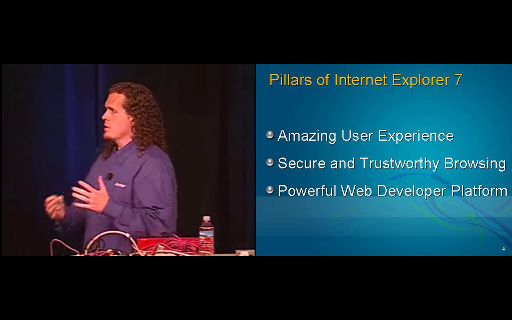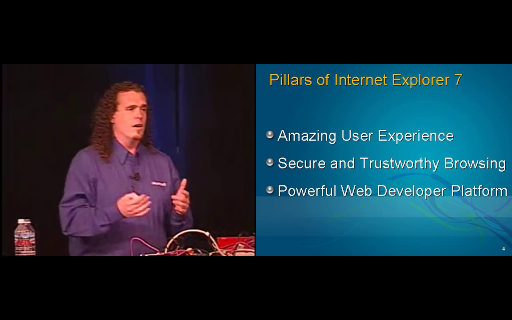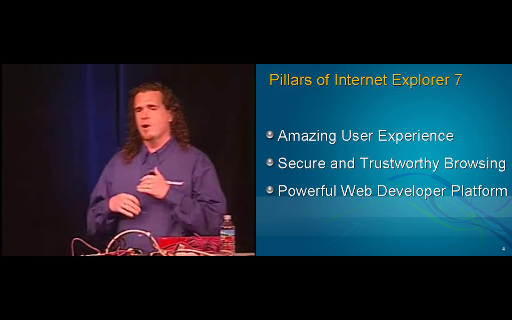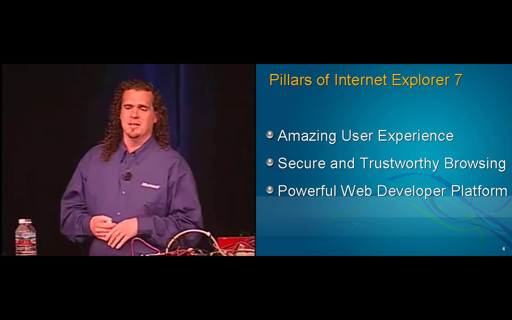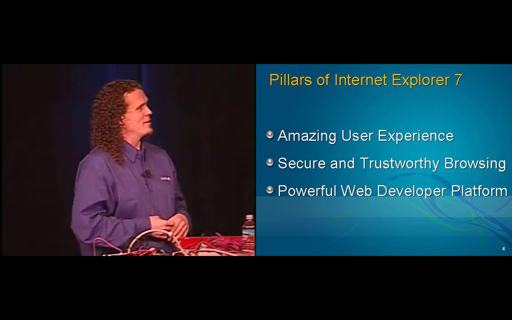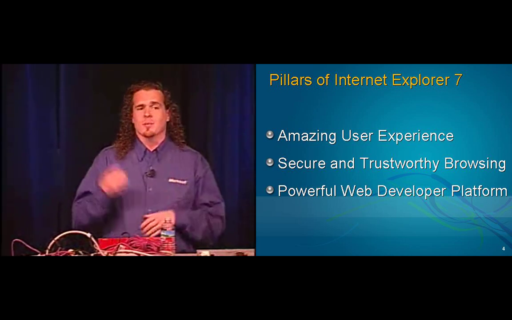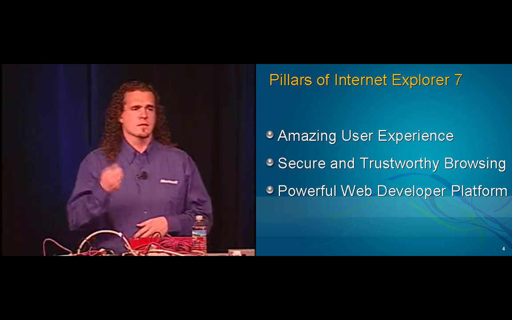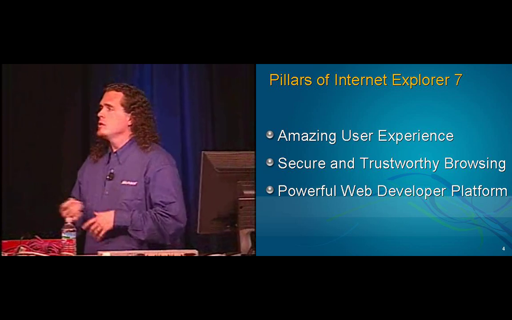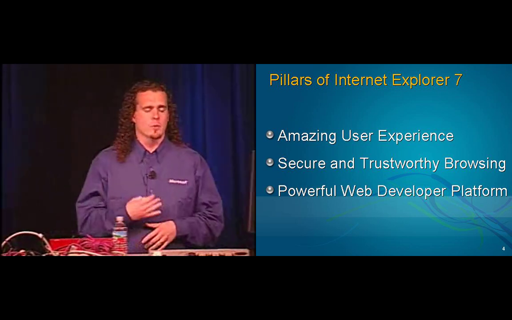And I want to be clear in terms of the effort involved, the effort that we've put forth, the priority we've placed on it. This is far and away number one on my team. The only reason it's number two is because the flow of my slides work a little bit better that way. But it is really number one in terms of priority to us. This is the thing that we think about the most. And finally, continuing to improve and expand on our web developer platform.